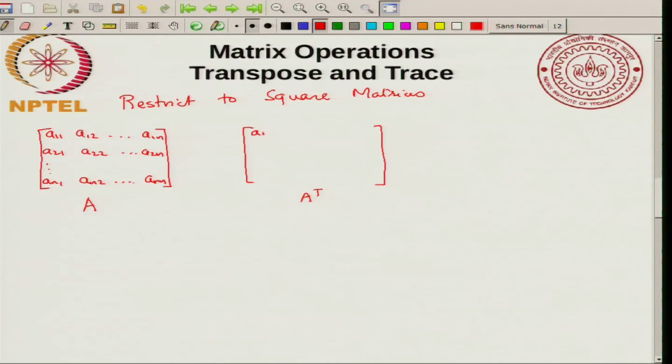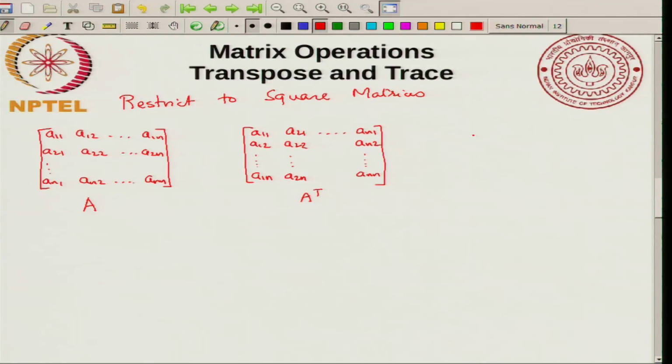So what you have is A11, A12 up to A1n, A21, A22 up to A2n, AN1, AN2 up to ANN. So that is A transpose.